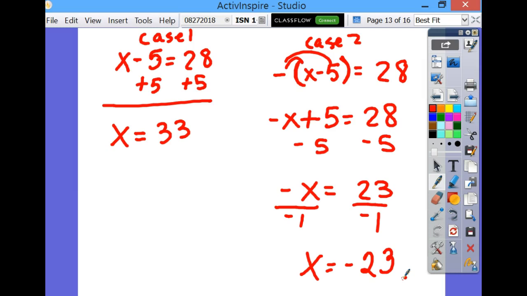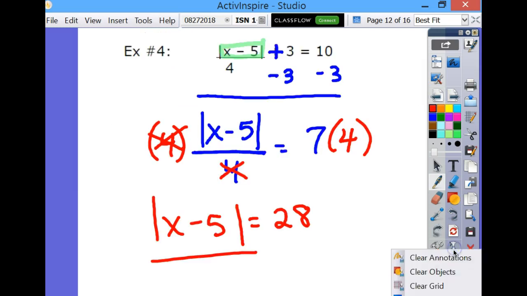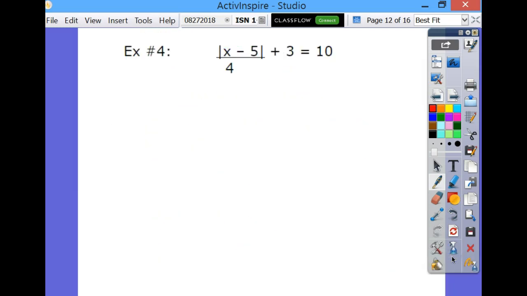You ready? What was this after I isolated the absolute value? I had x minus 5 equals, what was it, 28?